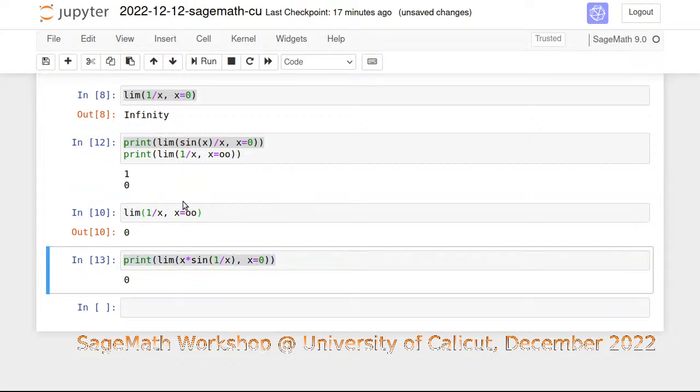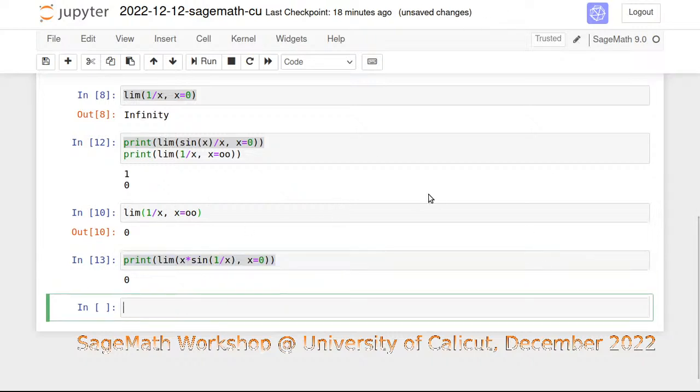Let me update the Google document. Now the limit. I am not using the print command because I will be typing only one command per cell. But if you are typing all the commands in a single cell, you need to use print, as I told already.